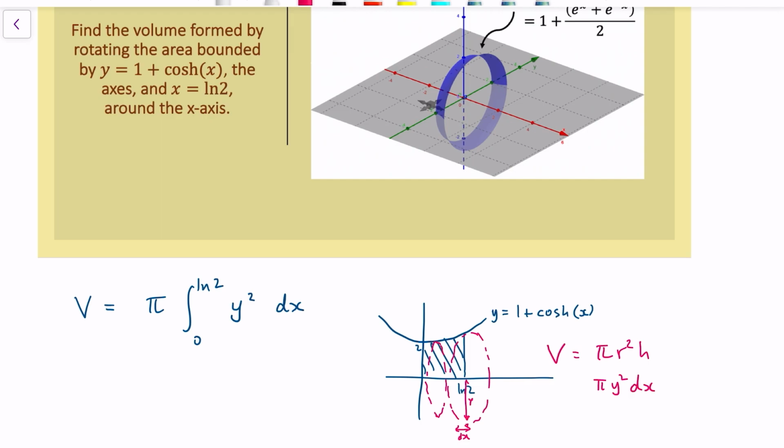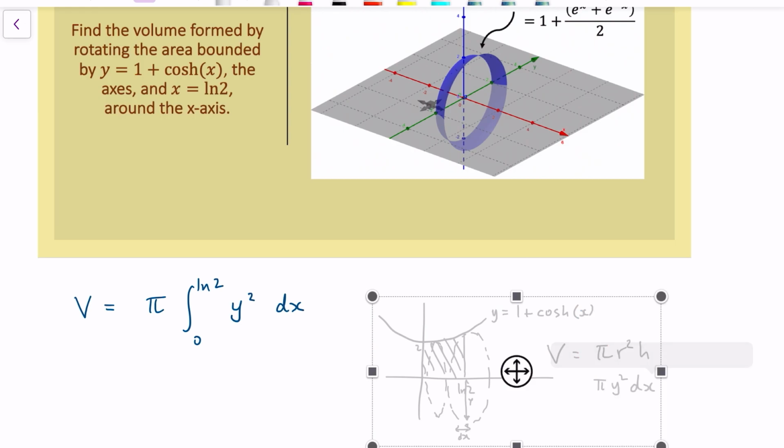So think of each small volume maybe like a CD, and we've got a whole stack of them. Each small one is pi y squared dx, and if we integrate between two limits, we're adding up all of those volumes. So there's where the pi and the y squared dx comes from. But like I said, that's a very brief explanation of it. For more information, I recommend you look it up.